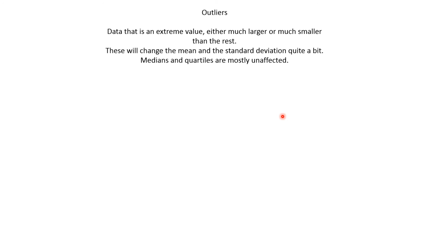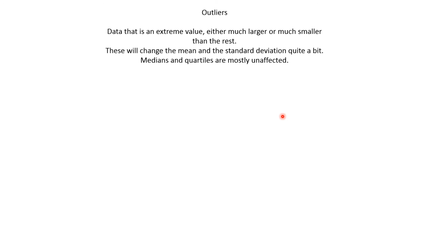It's in between two 15s, so it would actually be one of those 15s. And the quartiles would all stay the same as well, because it would just be moving up half of a number. And so medians and quartiles are not really affected by outliers, but the mean and standard deviation do get pulled quite a bit. The mean gets pulled in that direction. Standard deviation just gets bigger.